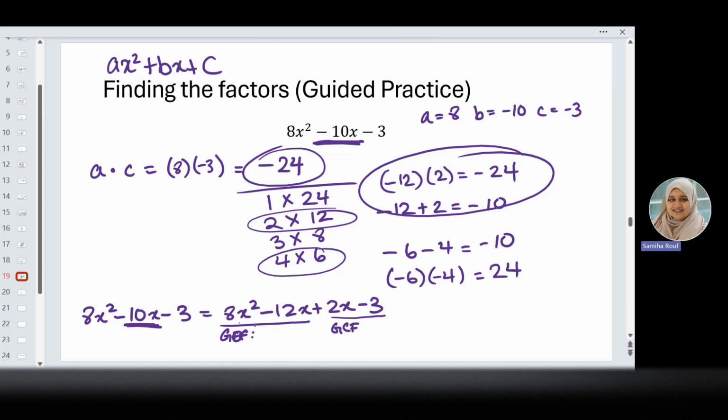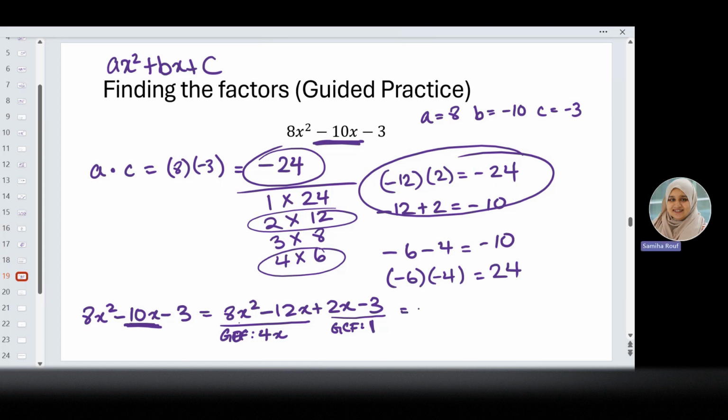Well, in this first pair, both 8 and 12 can be divided by 4. And then our variable would be x. And the second pair, 2 and 3 are both prime numbers, and both of them don't have an x, so our common factor is just 1.